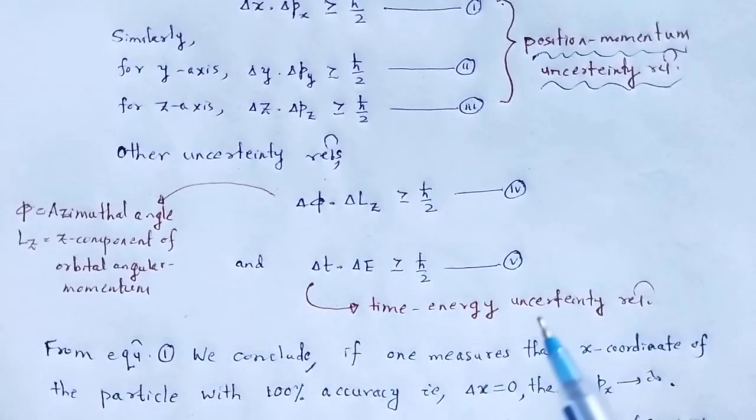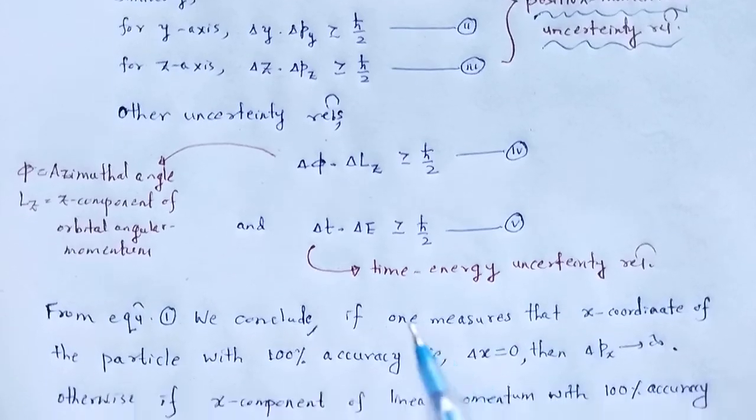From the above discussions we conclude that both of the above variables cannot be measured simultaneously with 100% accuracy. What is the conclusion?